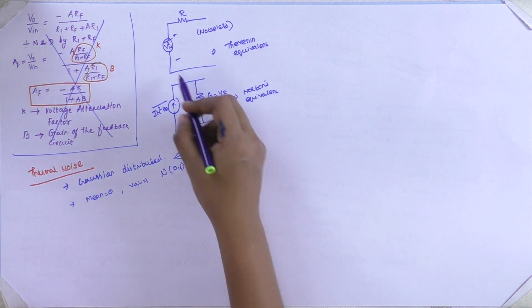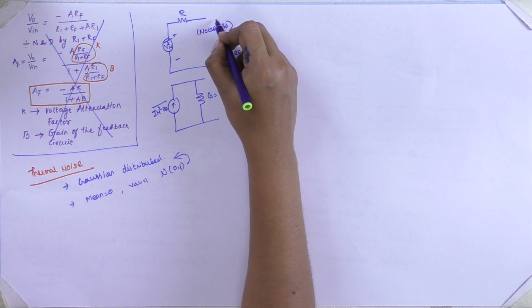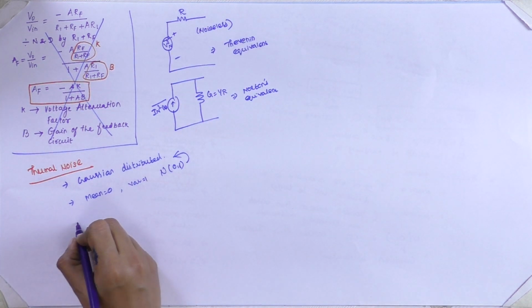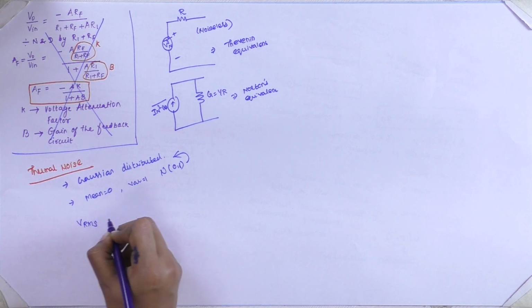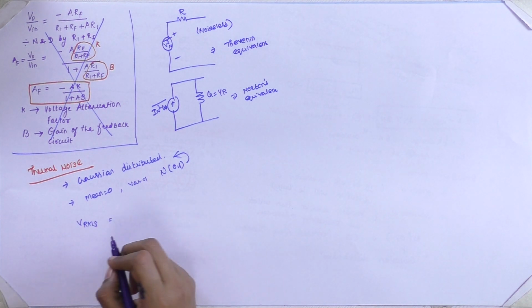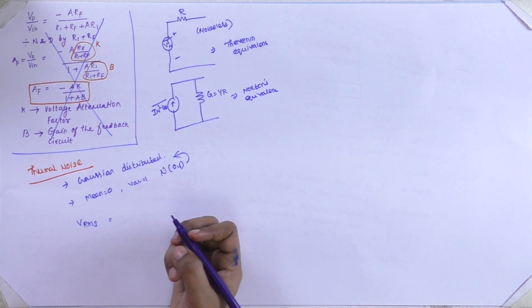From the power transfer theorem, the power transfer will be maximum when the load RL is matched with the source R. For deriving the maximum average noise power, we will first find the RMS value.